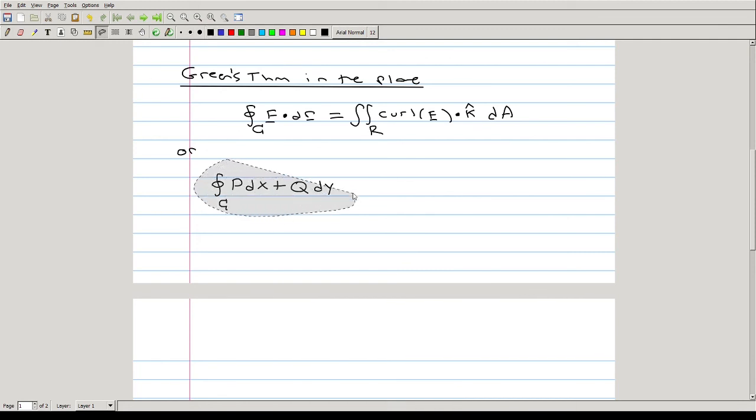And if you remember back to our contour integrals lecture, this is a completely equivalent notation for the contour integral. We're going to see that for the proof, when we end up proving Green's theorem, this is going to be a nice notation to be using. And we see that this is going to be exactly equal to, in Cartesian coordinates, the curl of F dotted with k-hat, which is dQ/dx minus dP/dy.